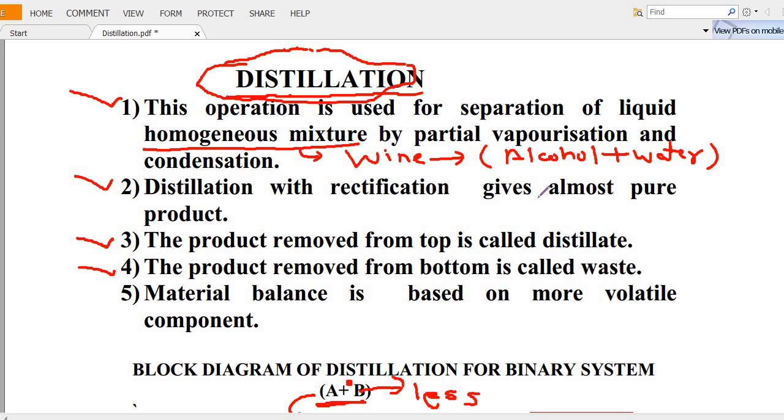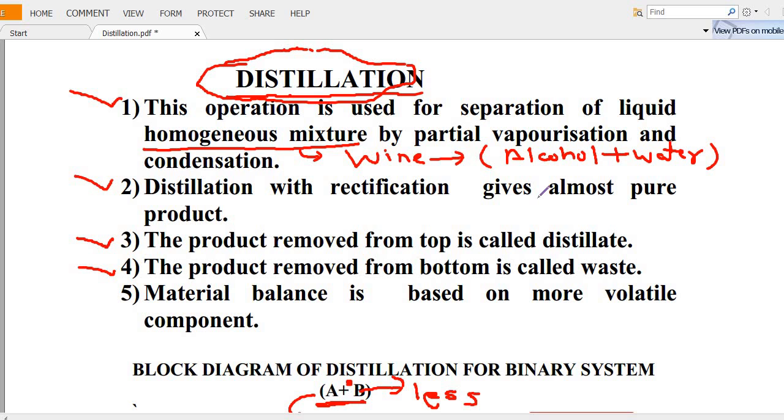Second point, if you go for distillation, you can get 100% product A and 100% product B. That means almost pure product you can get with the help of distillation operation.